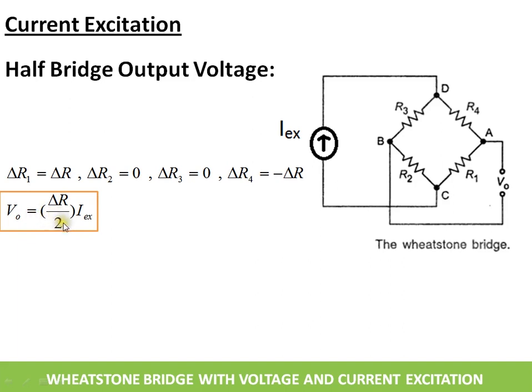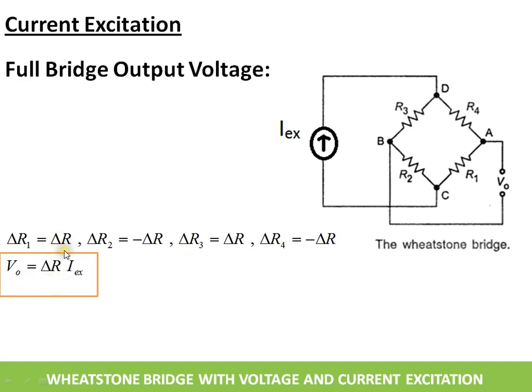V0 equals delta R by 2 into I excitation for half bridge, whereas in the voltage excitation half bridge, R is present in the denominator. And similarly for full bridge, V output equals delta R into I excitation.